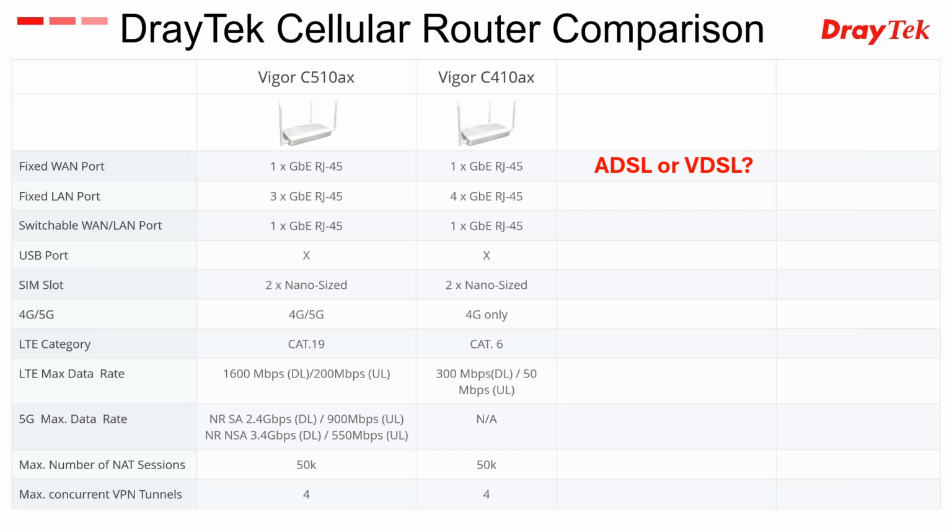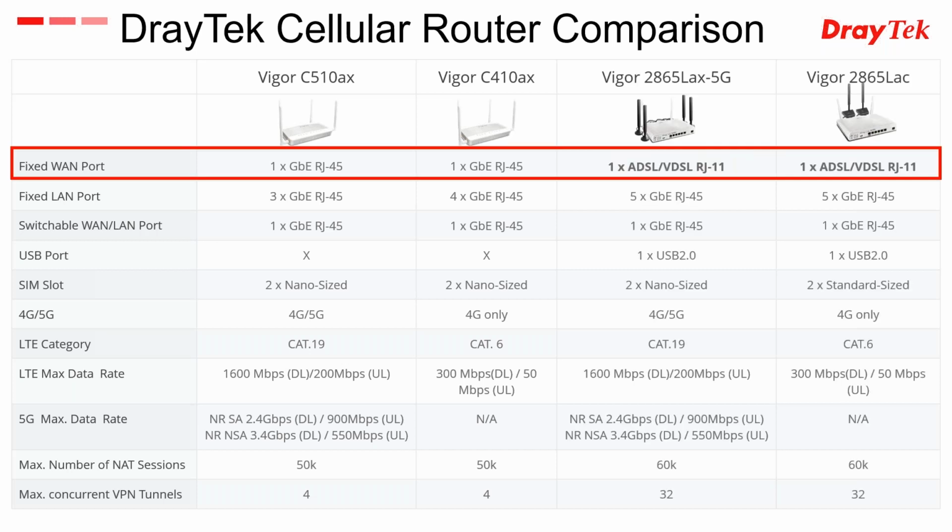So the 2927 can be replaced with the 2865 series, and we do have 2 models that have been available on the market for some time now. So instead of the first fixed WAN interface, you would see a built-in ADSL/VDSL RJ11 interface. So we've got that built-in DSL modem.